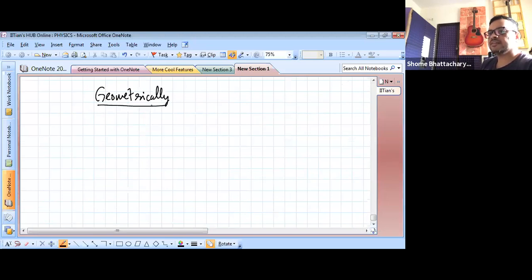Geometrically, we'll understand that if we draw a regular pentagon, it will take me a bit of time. Pentagon is not something that's easy to draw.